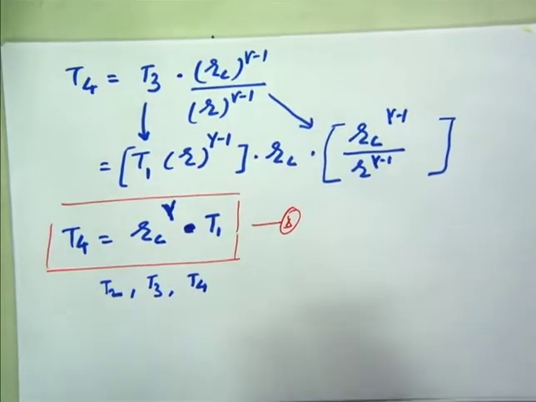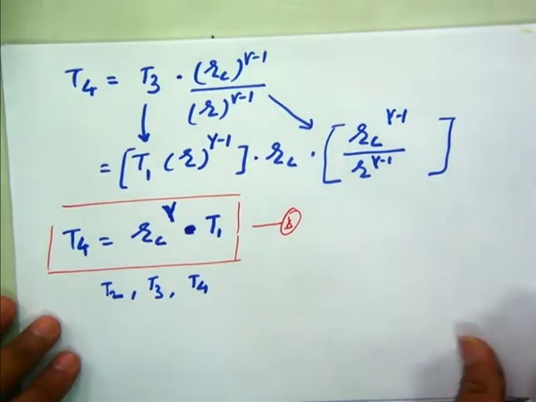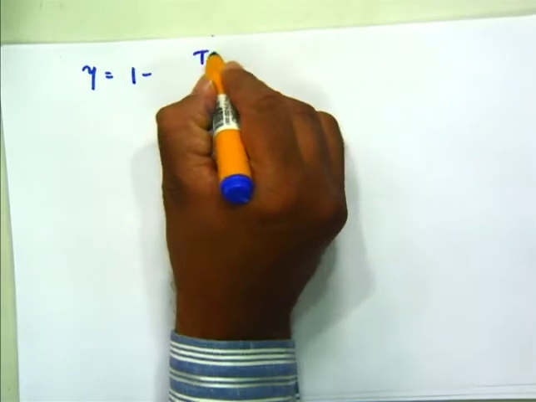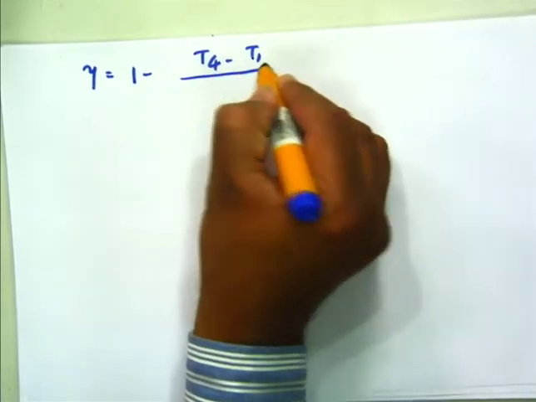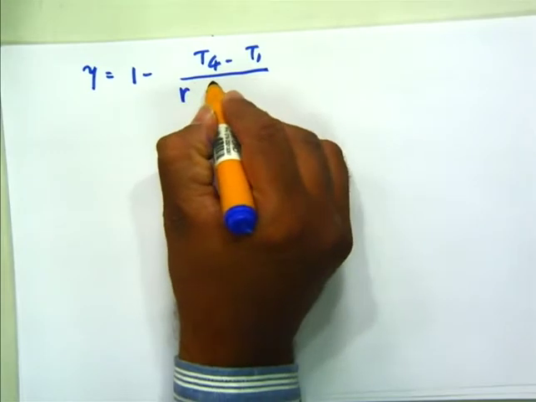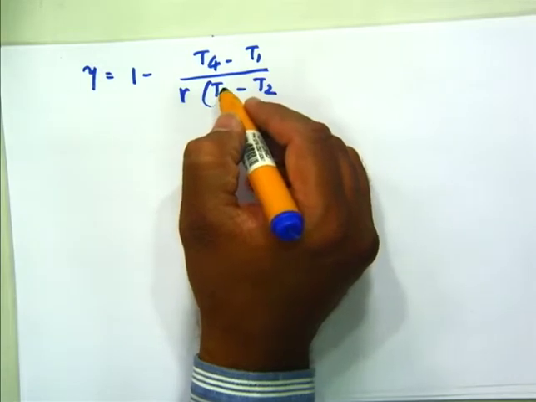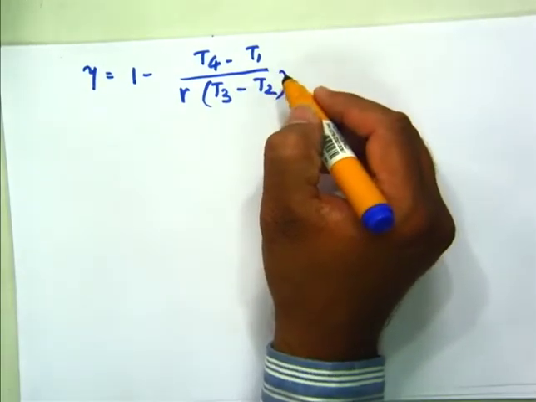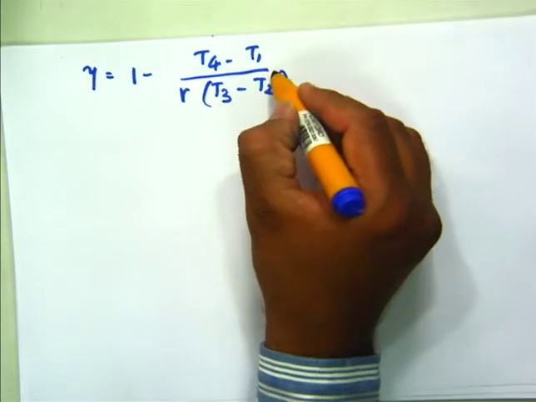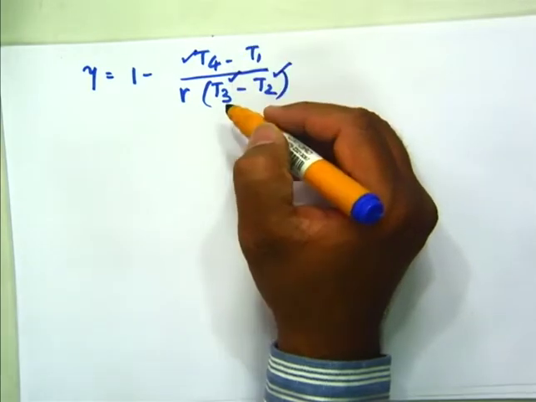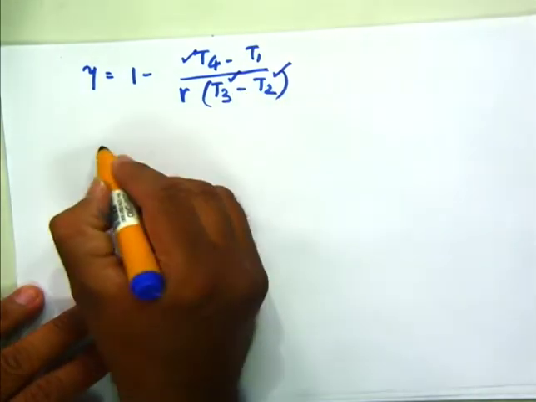Substituting these values, put the values of T2, T3 and T4 and simplify.